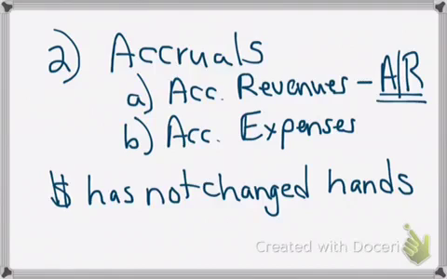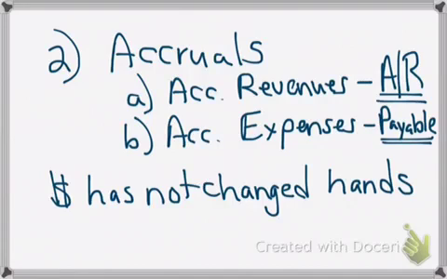When we look at accrued expenses, these are items which we have already used. Like our utilities. We've already used our utilities for that month, and so we have to make sure that we put that into our books. And so with those, we will be using liability accounts like the payable accounts.